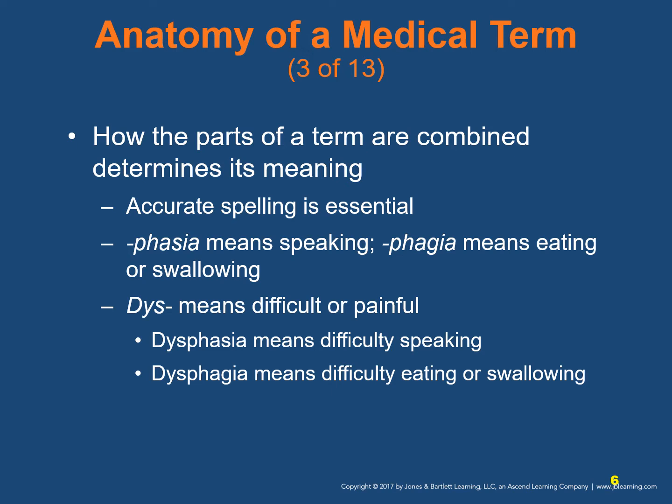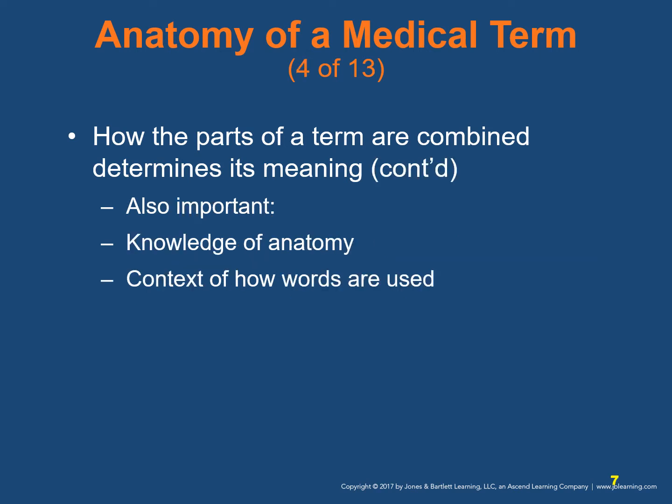Knowing anatomy and the context of how these words are used can help you correctly determine and spell the term in a given situation. So how the parts of a term are combined determines its meaning, and it is also important to have a knowledge of anatomy and the context of how words are used.